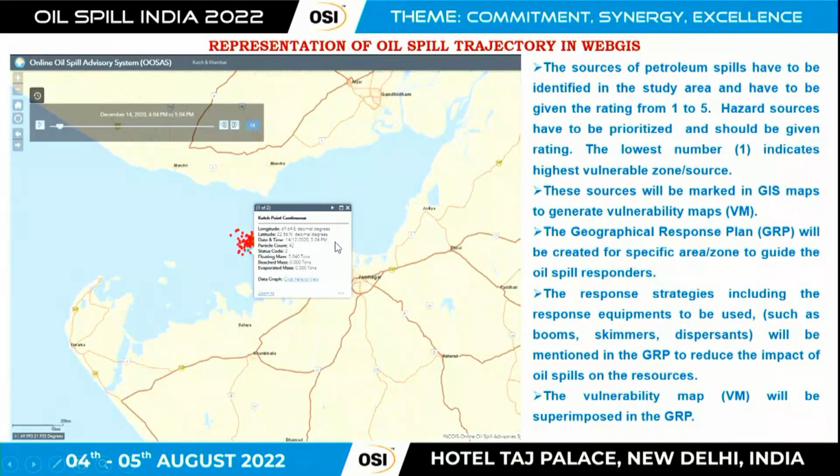Actually, based on the request from our sister concerns, we are doing this additional study, wherein you will be getting the entire picture. Like suppose if a spill occurred over a period of time, then how much quantity is remaining in the ocean, how much is beached, how much is evaporated. So all these estimates will be given with the help of this GRP, that is a geographical response plan.